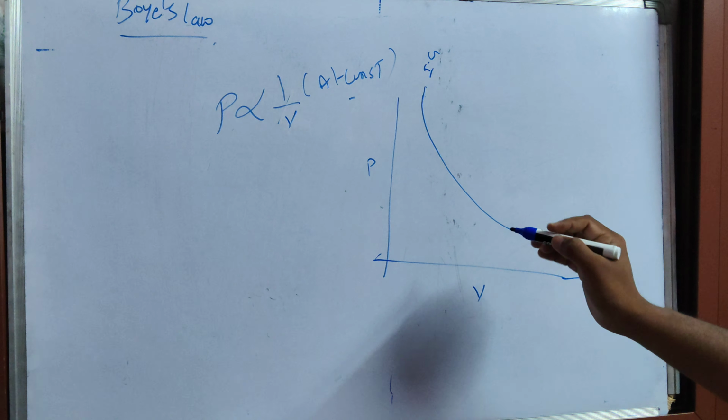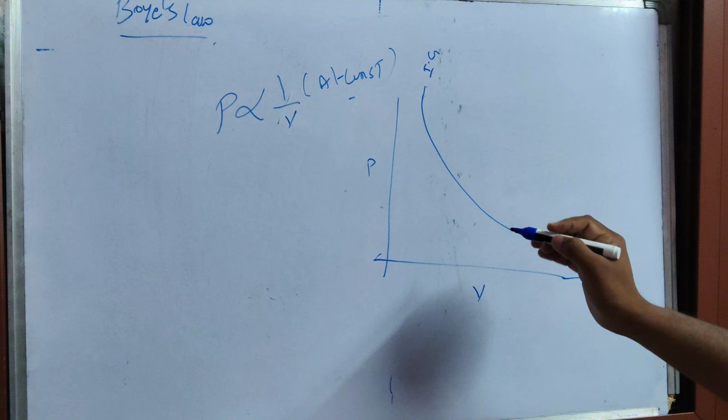Pressure versus volume: at a particular pressure, this is the volume of the ideal gas and this is the volume of the real gas. At this particular pressure, the volume occupied by the real gas is greater than the volume occupied by the ideal gas.